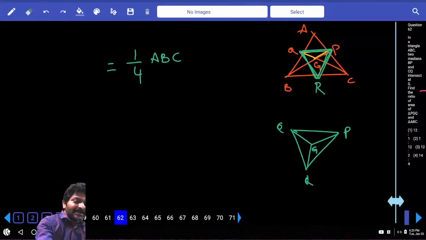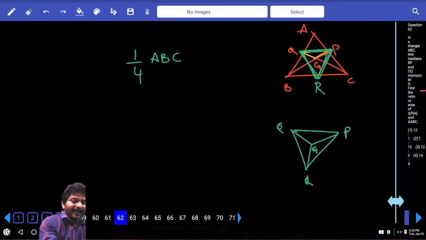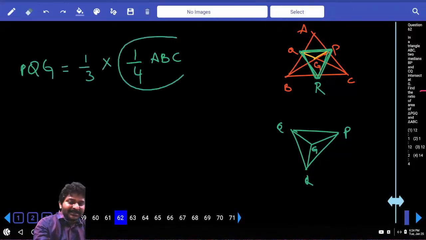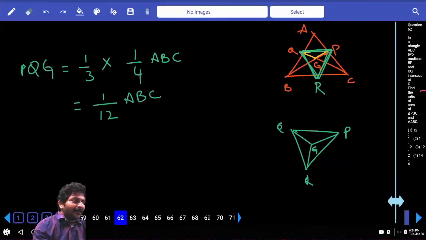So now our answer is: PQR area is equal to 1/4 of ABC. Triangle PQG area is equal to 1/3 of PQR only. So this is equal to 1/12 of ABC only. PQR by ABC, that is equal to 1/12.